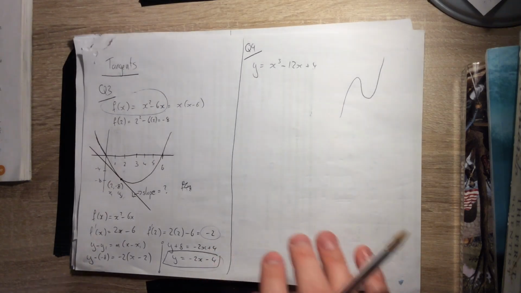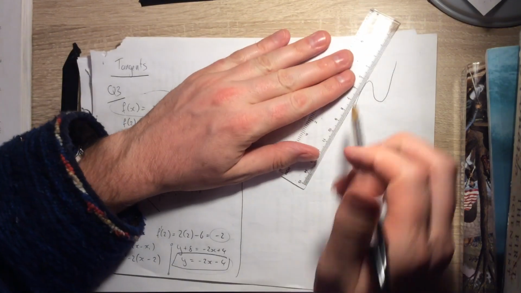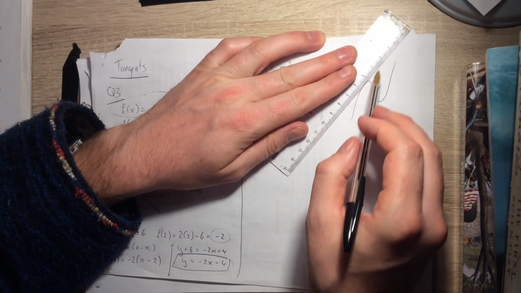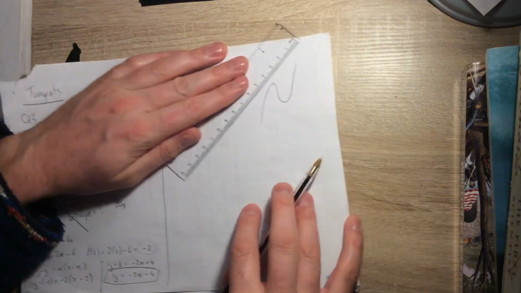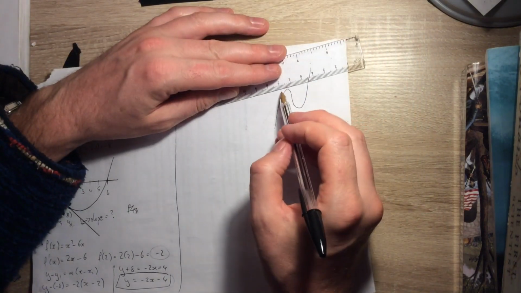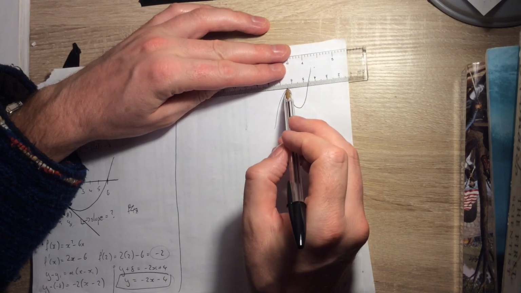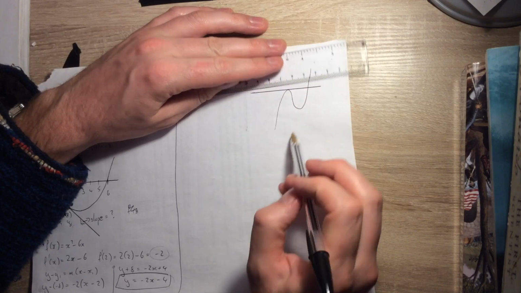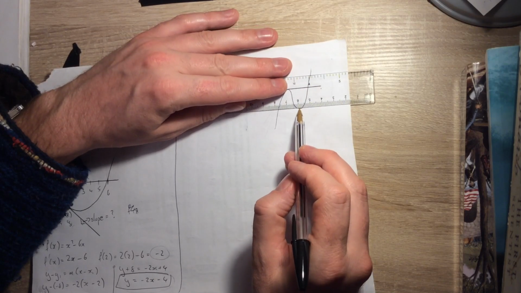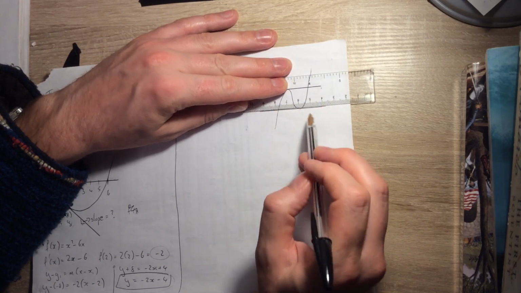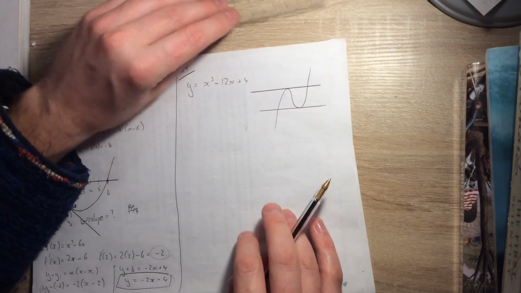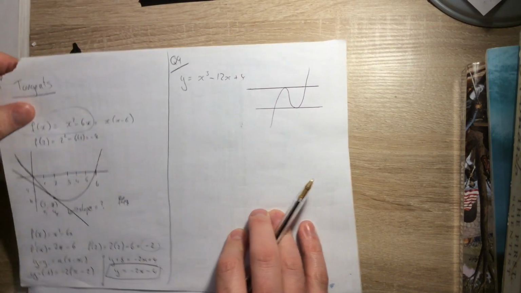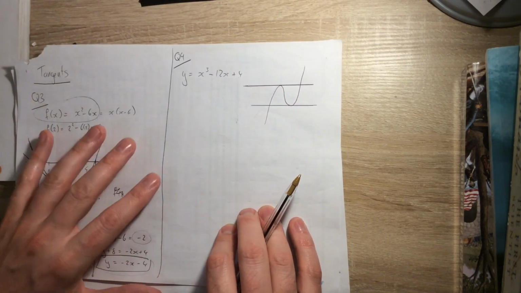The tangent at any given point, you can see here or here, but if you want the slope of the tangent to be 0, that happens up here. That's called a turning point, and down here as well. So you're actually going to find 2 points on a cubic where the tangent line has a slope of 0.